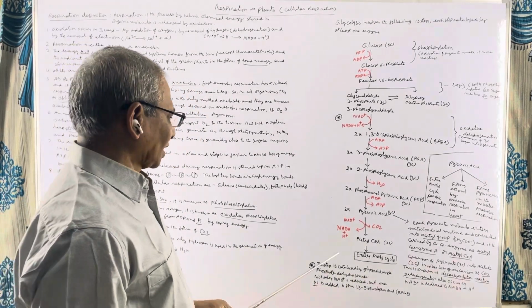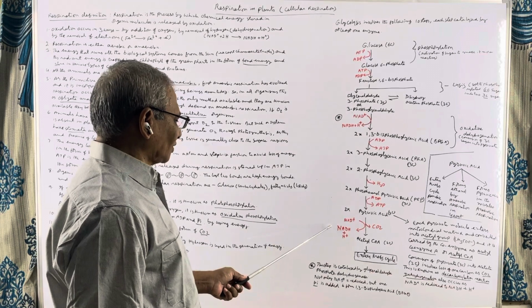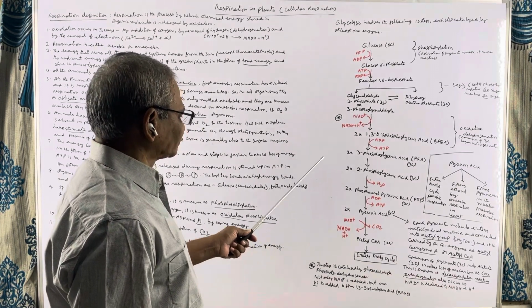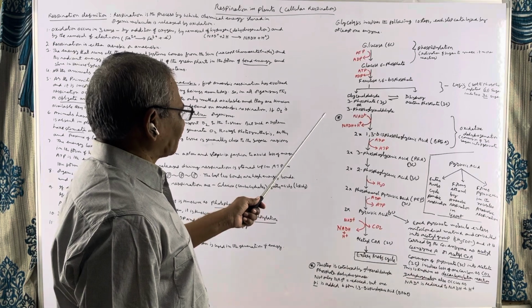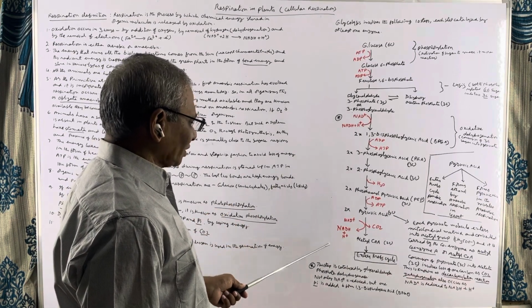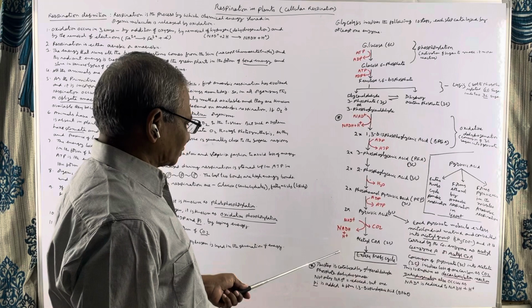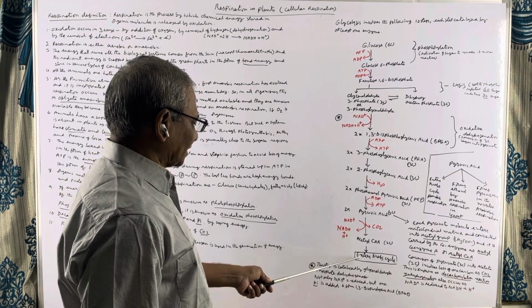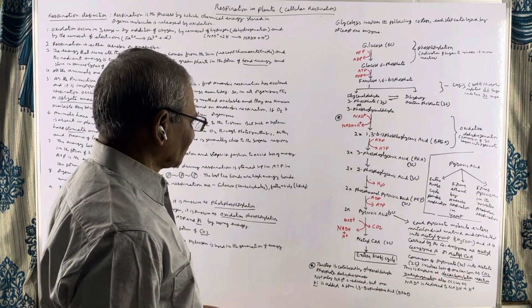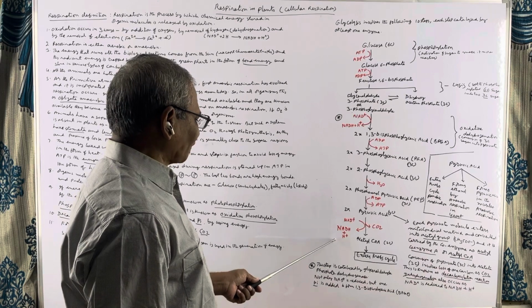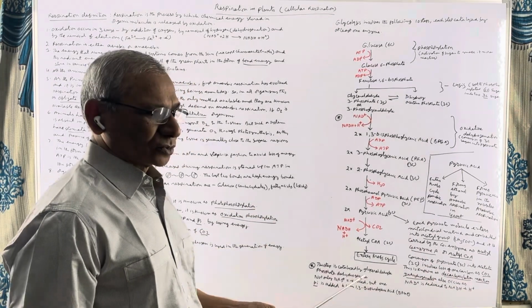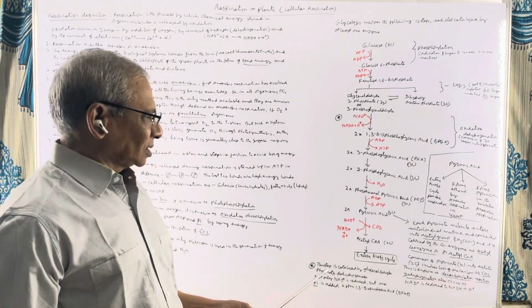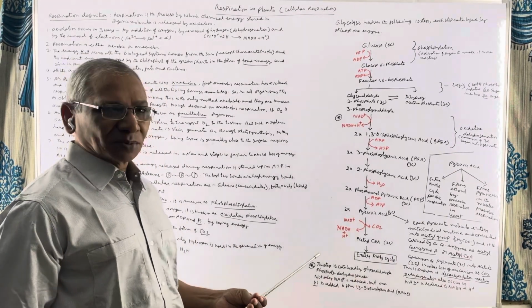Now, coming to the formation of NADH. In this step also NADH is formed. So before the glucose enters the Krebs cycle, how many NADH are formed? 2 here, 2 here, 4. 4 NADH molecules are formed.